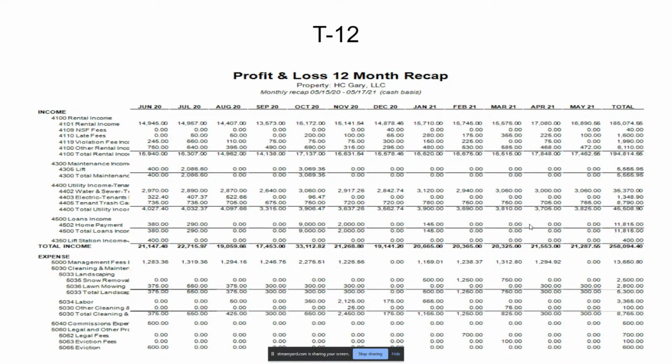So now we're going to verify that with our T12, which is very similar to a profit and loss, but over a 12-month period. So we're going to look for trends. If we go to the 4,100 there, total rental income, you can see 15.9, 16.3, 14.9, 14, 17.